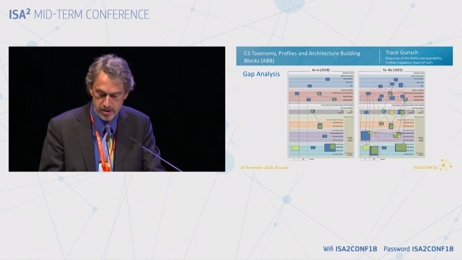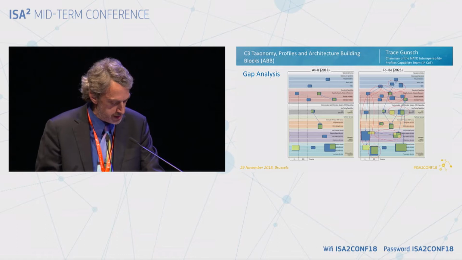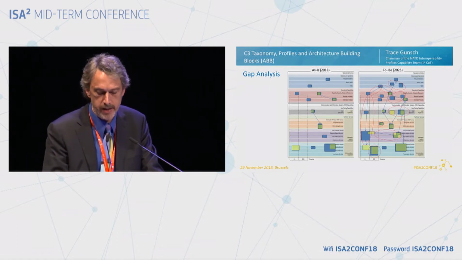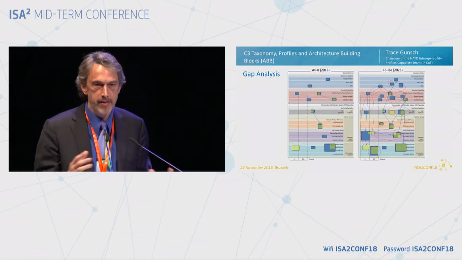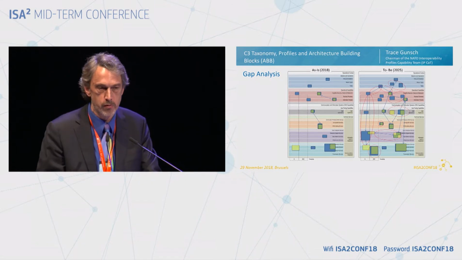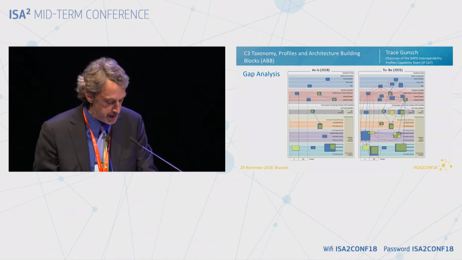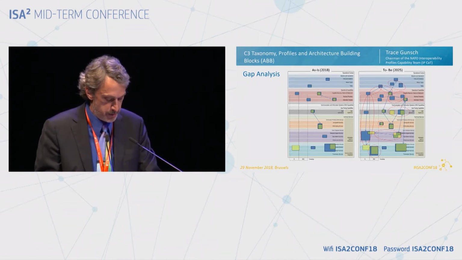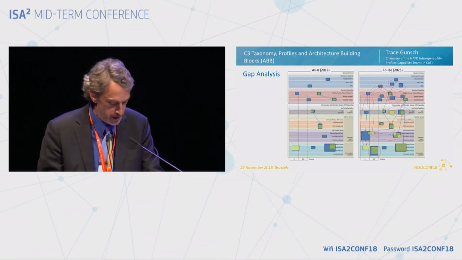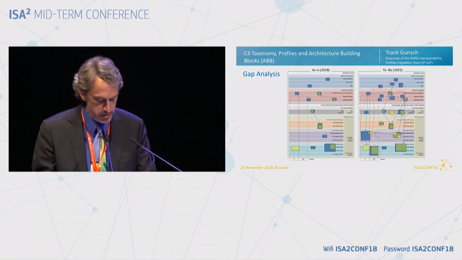A final piece that we're using, and I think I'm not showing the slide, is architecture building blocks, where we take the idea of the profiles and then we add some more contextual information around that and establish an architecture building block that is also modular, reusable, and also mapped to the same taxonomy. So it's got profiles and standards mapped to it, configuration settings, identified use cases.